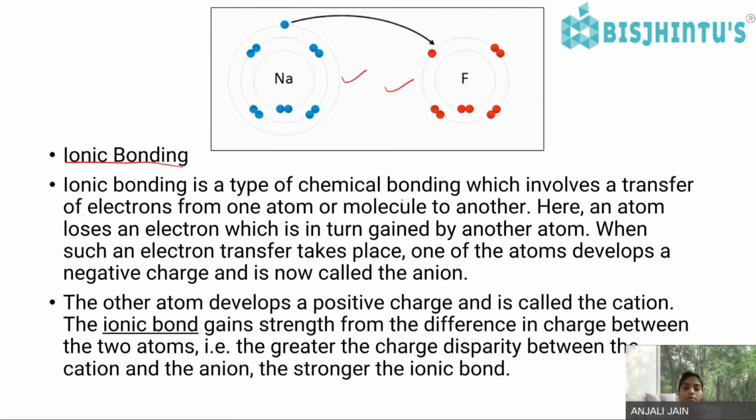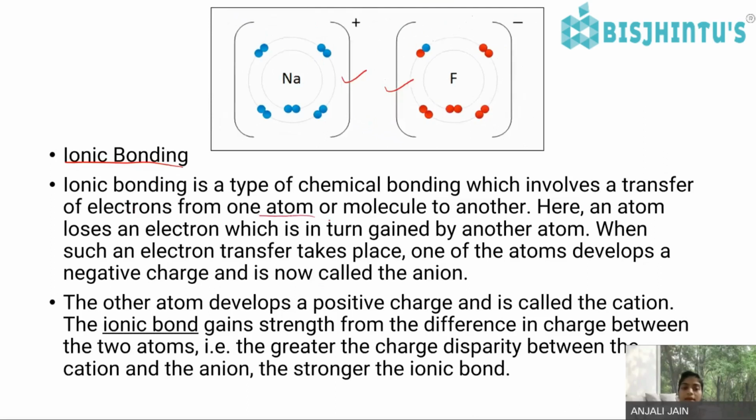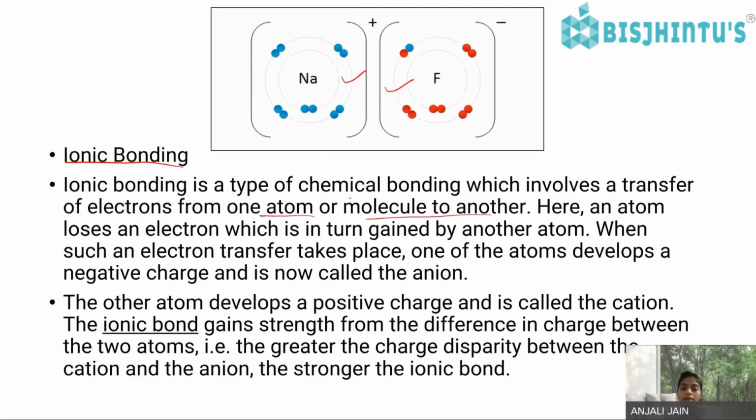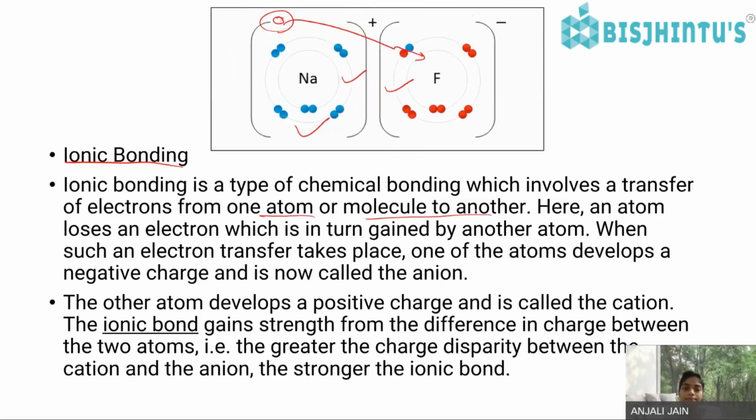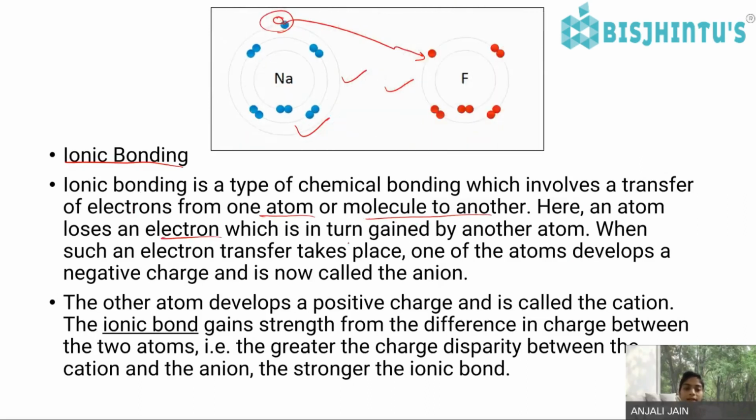So it's the type of chemical bonding which involves the transfer of an electron from one atom or molecule to another. One atom of sodium gives its electron to form the stable state configuration. Here an atom loses an electron which in turn is gained by another atom.